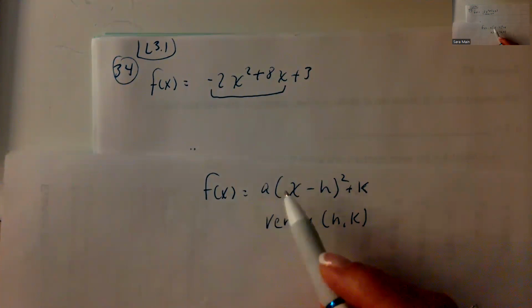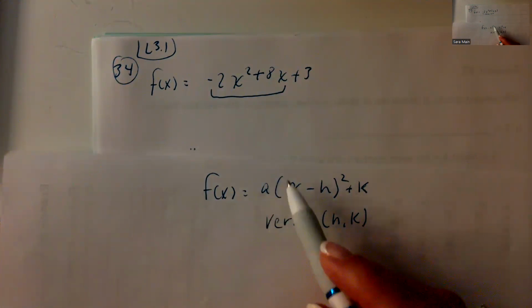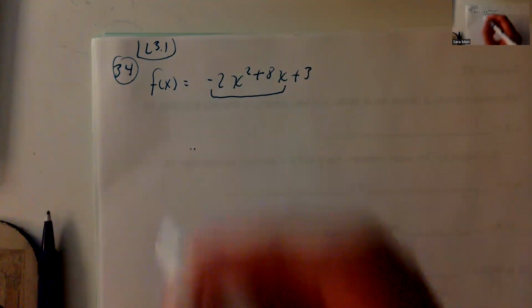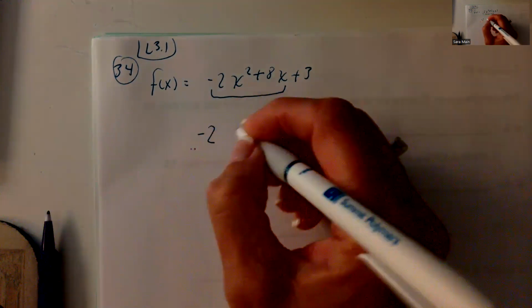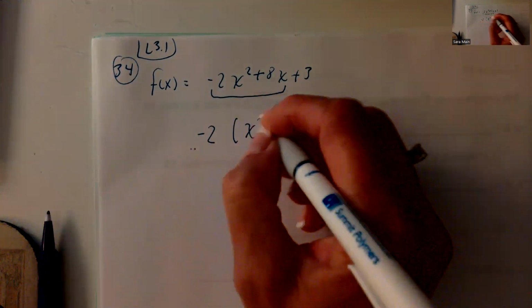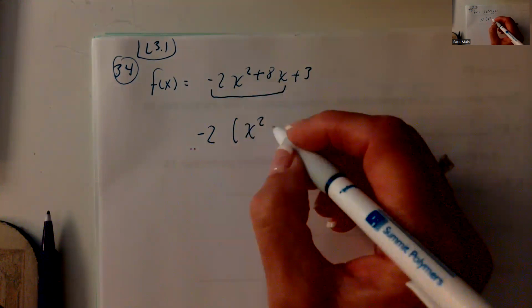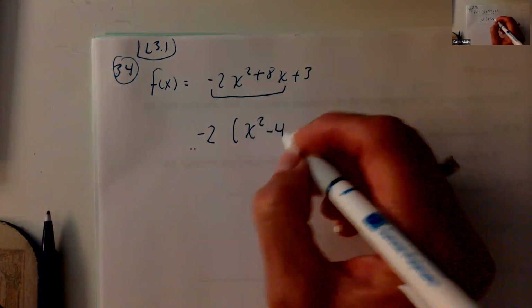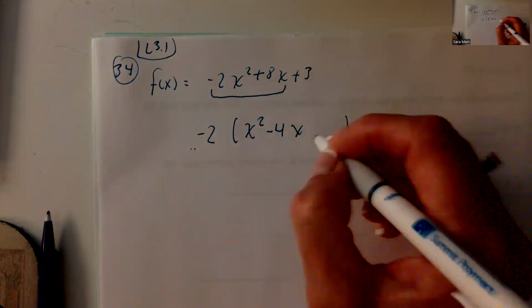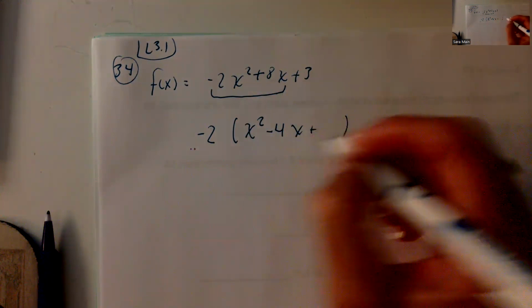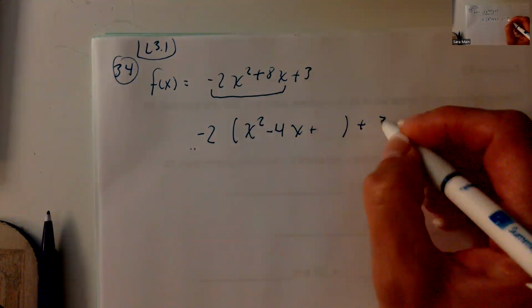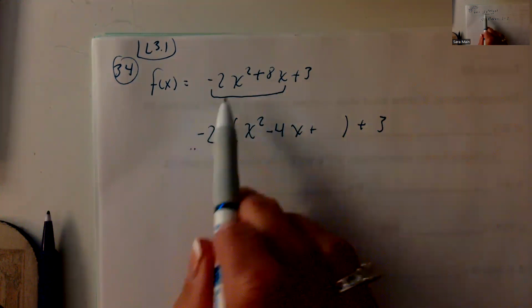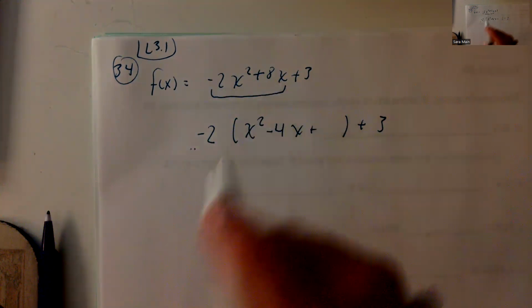So I have to pull everything out in front, so I have just a 1x here. To do that, I'm going to factor out a -2. So I've got x squared. When I factor out a -2 from 8x, I have a -4x. And I know I'm going to add something for completing the square, and then I'm going to separate the 3 off to the side.